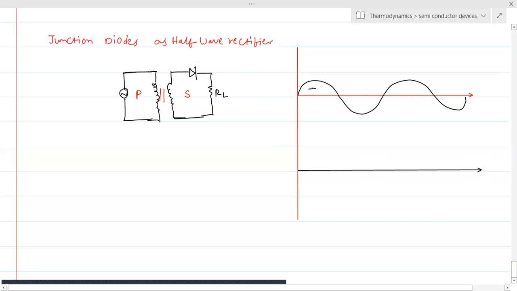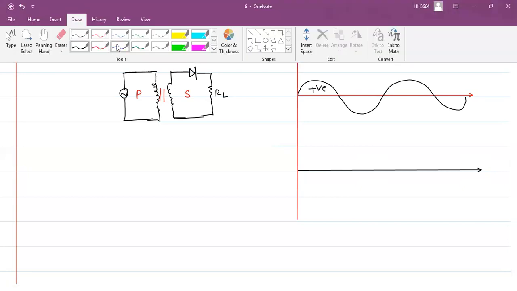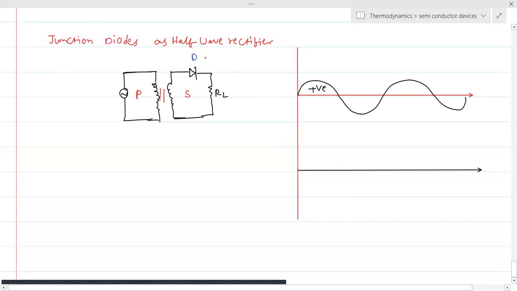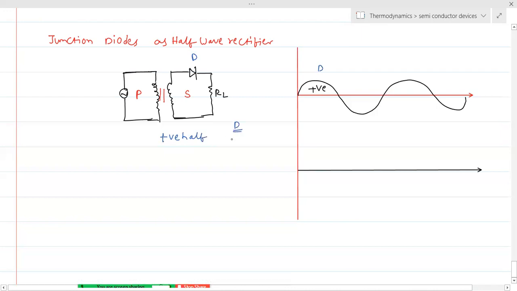First we will think of the positive half cycle. During the positive half cycle, at the location of diode D, we have positive potential. This is the speciality of the transformer.